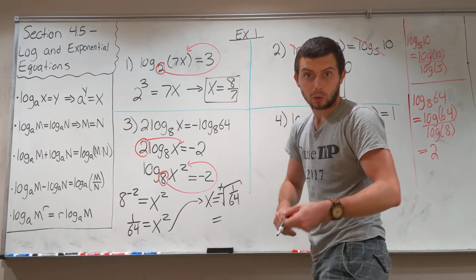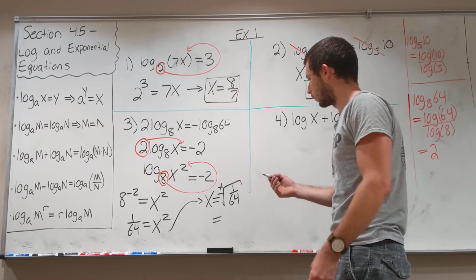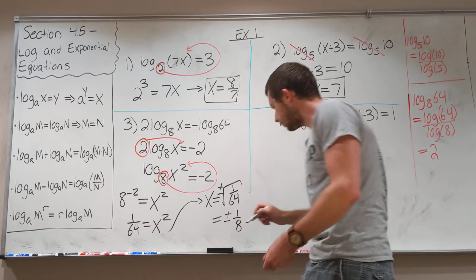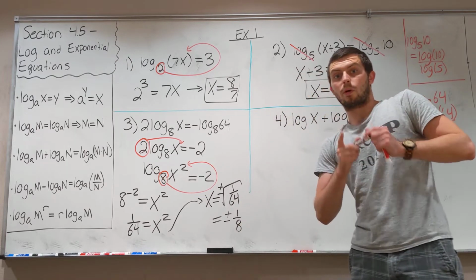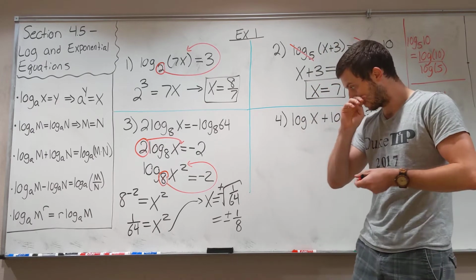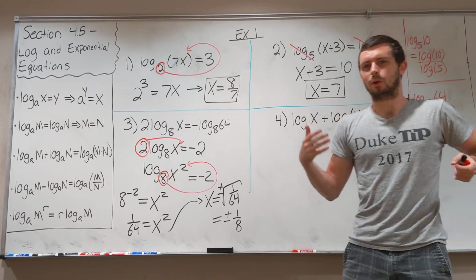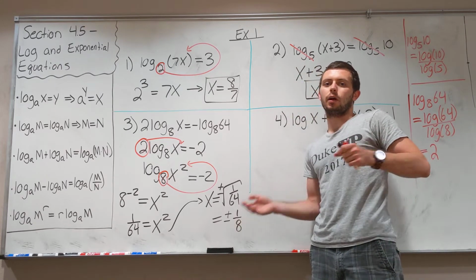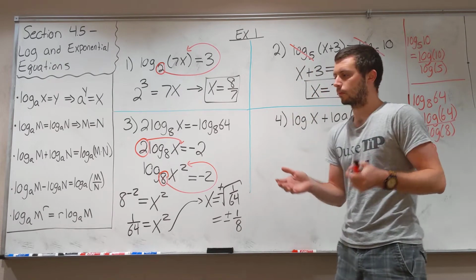And you can do that in the calculator. That would give you plus or minus 1 over 8. However, these are not the answers yet. So we don't have to do any more work. So this is the maximum number of answers.